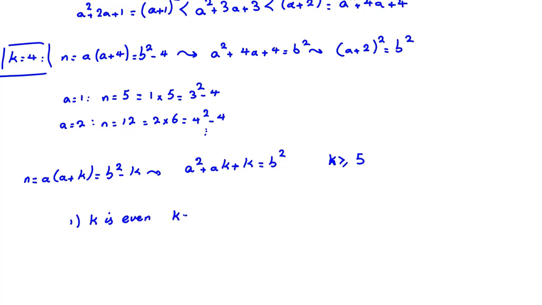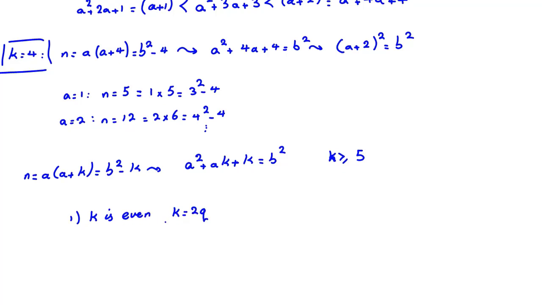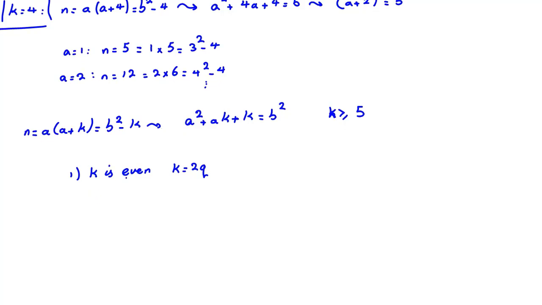So in the first case, k is even, k is 2q. And here you say a squared plus 2qa plus 2q equal to b squared. We can say it is greater than a plus q minus 1 squared, and less than a plus q squared.